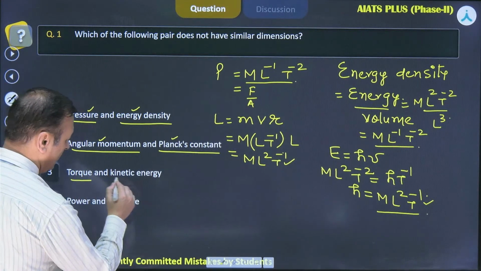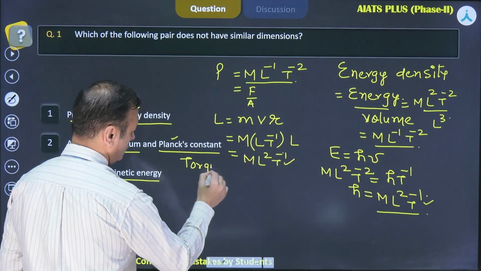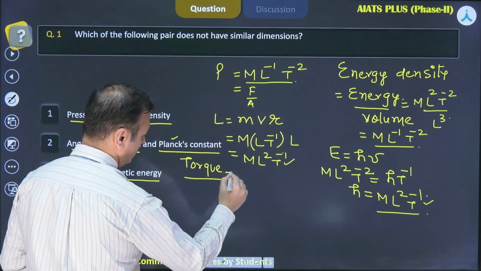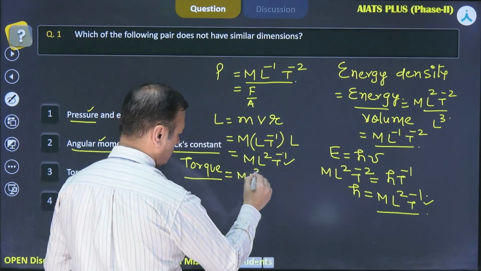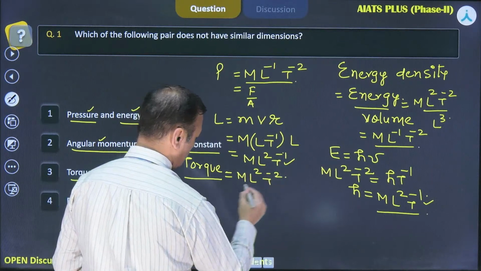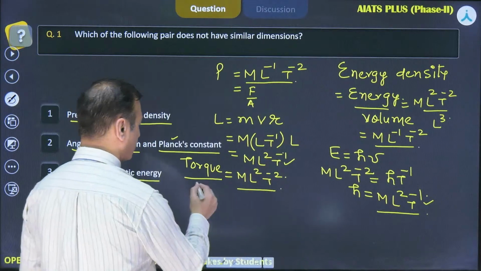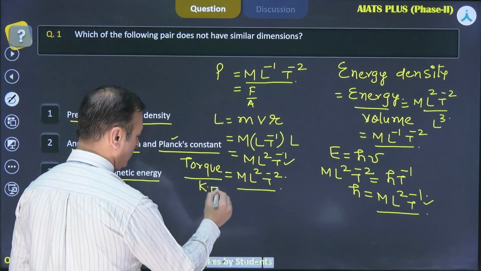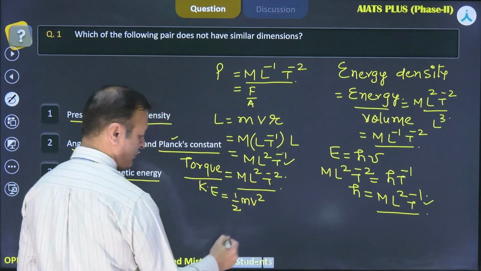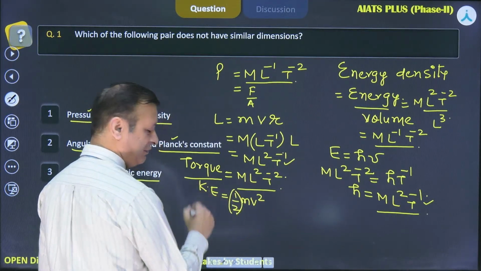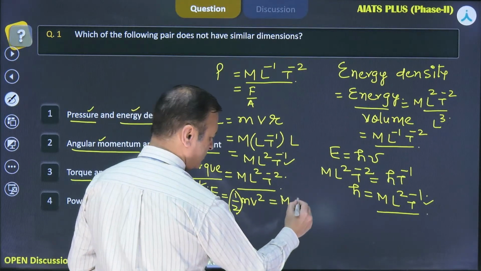Torque and kinetic energy. What is the dimension for torque? Torque is r cross F, and this is its dimensional formula. For kinetic energy, it is half mv^2. The half is dimensionless and will not participate, m being mass and v being speed.